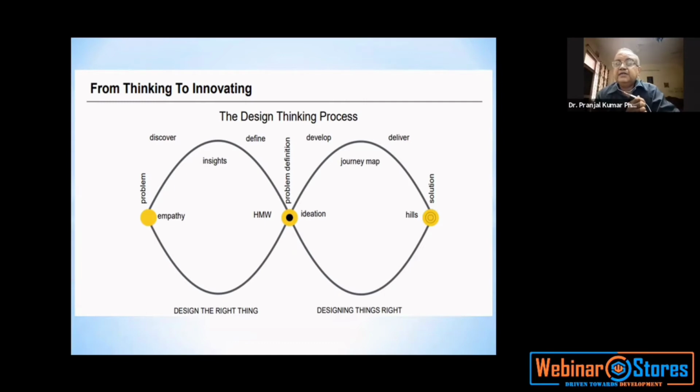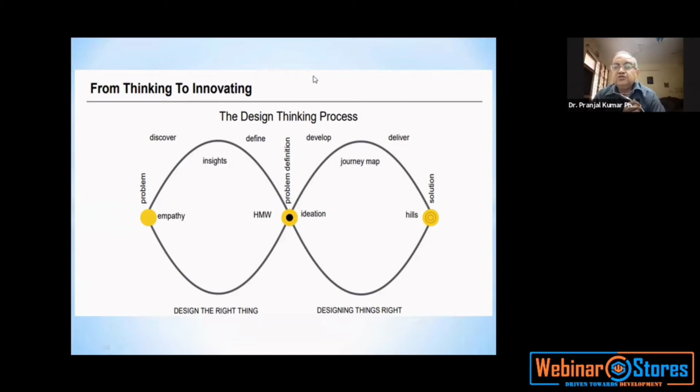As I said, it has 5 steps, like empathy, insights, then ideations, then these hits. So basically it starts with discovery, like empathy with the insight. It is shown in loops because there is no A, B, C, D in series or linear. It is not a linear progression.